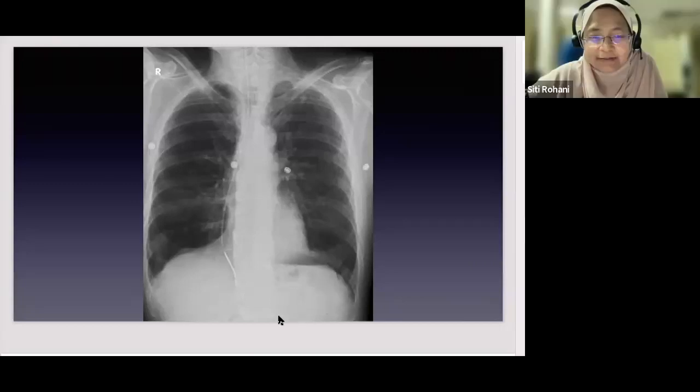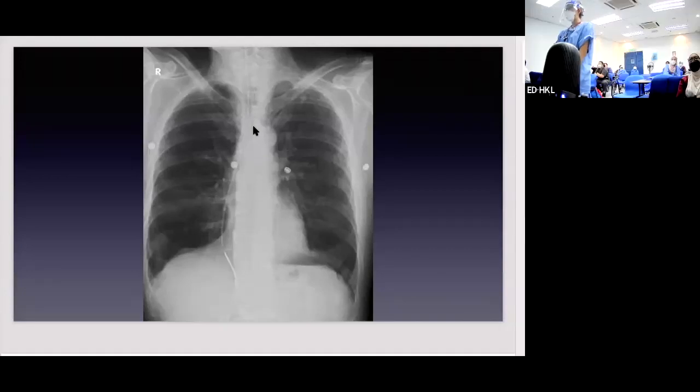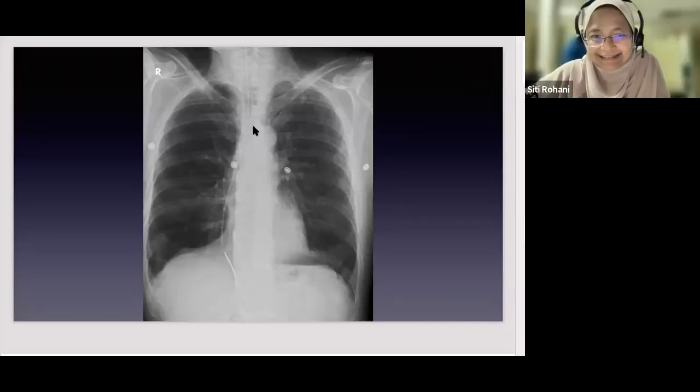Yes, the tip should be located here, at the left hemidiaphragm and at the gastric region. But in this case, it's located rather to the right. So where do you think this NG tube is located? It goes to the right. Yes, very good.